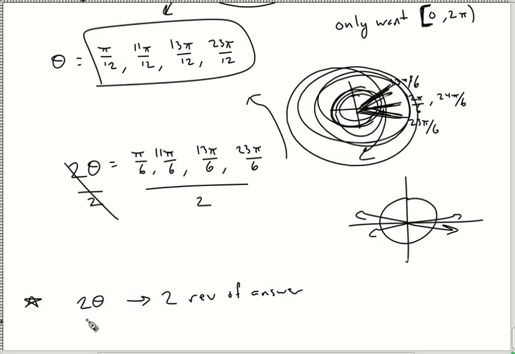If you have a 3 theta, how many revolutions? 3 revolutions of answers. You go around the board as many times as you have this. If you got a 5, you're going around 5 times. You're going to have like 10 something answers. It's going to be crazy, but that's just part of how it works.